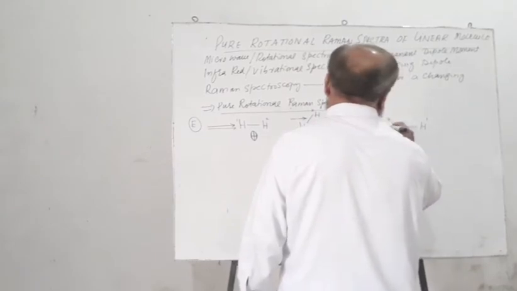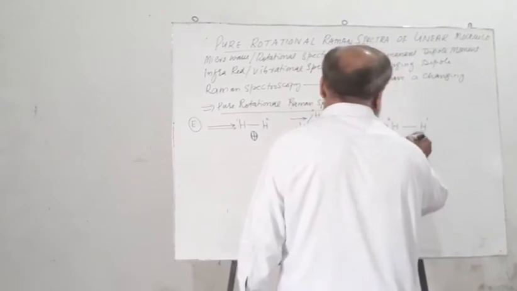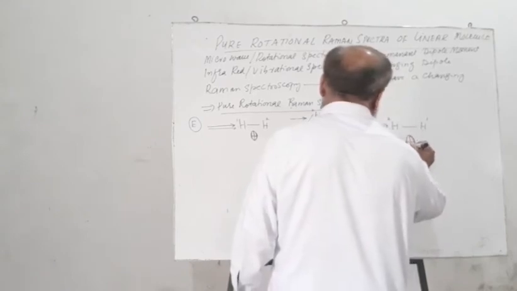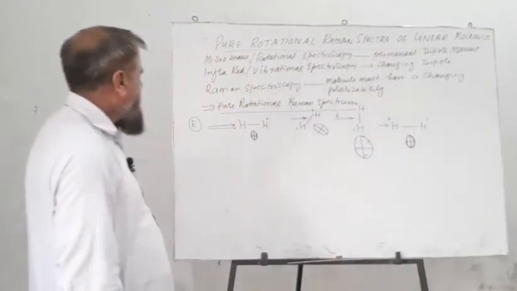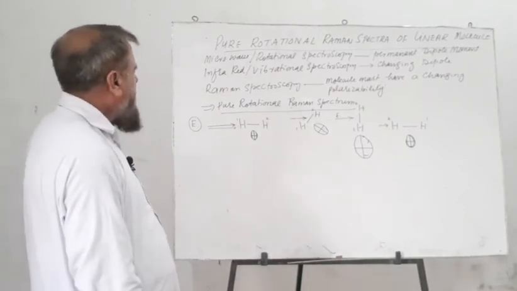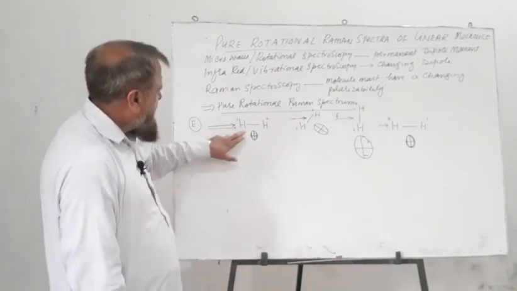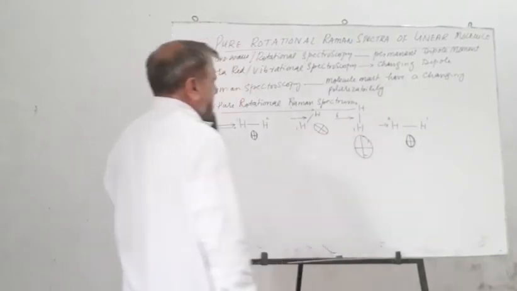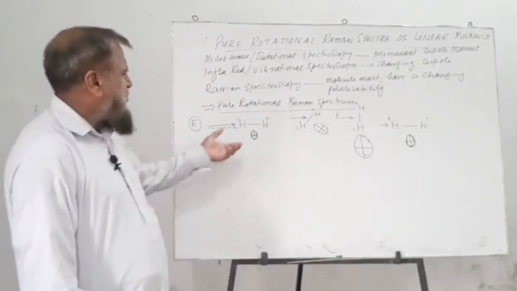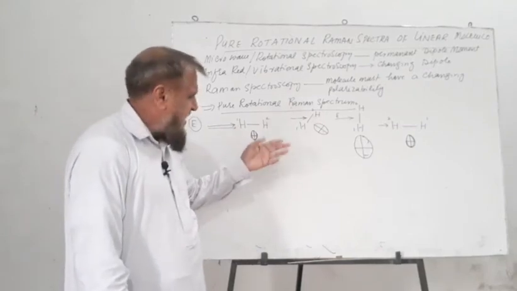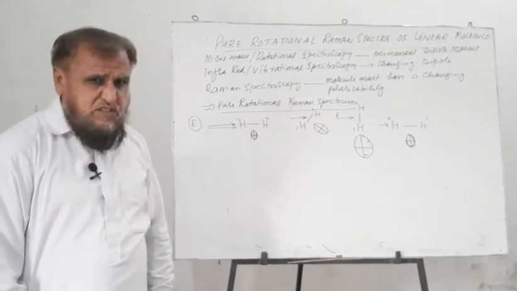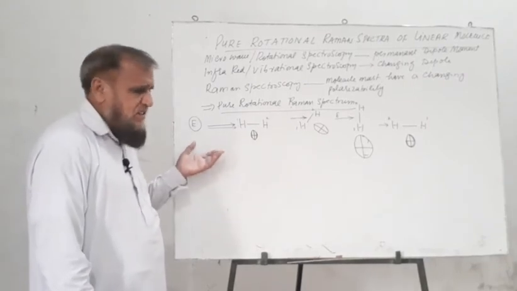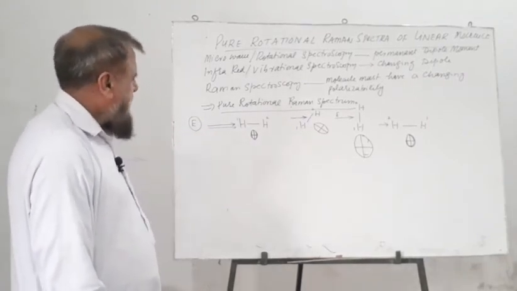In the last case, we will have the same polarizability as at step 1. As this molecule is non-polar, however, its polarizability is changing, the magnitude as well as its direction. So polarizability can change if the direction changes or the magnitude changes.